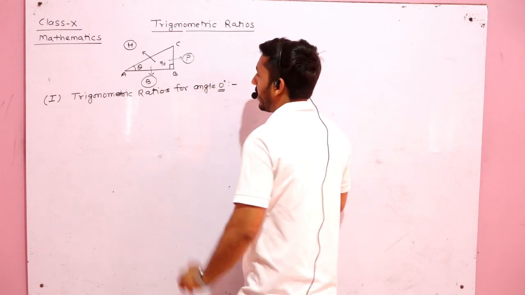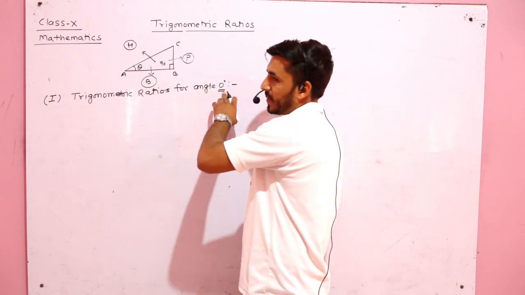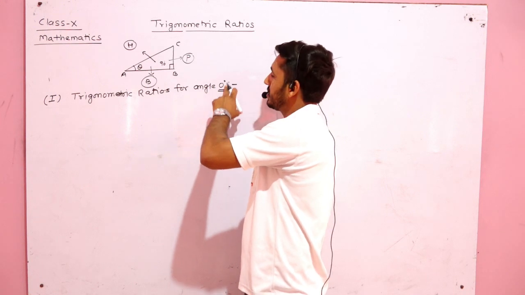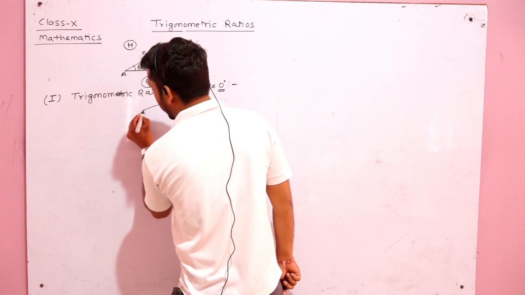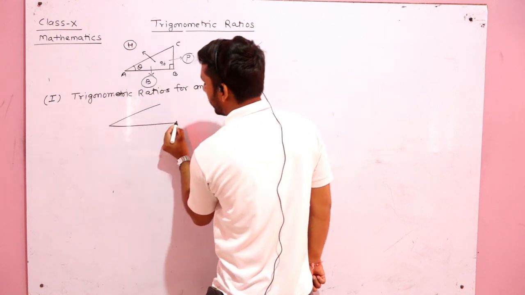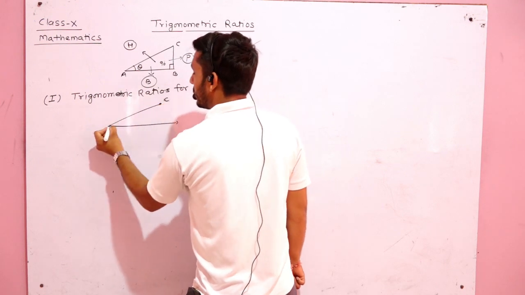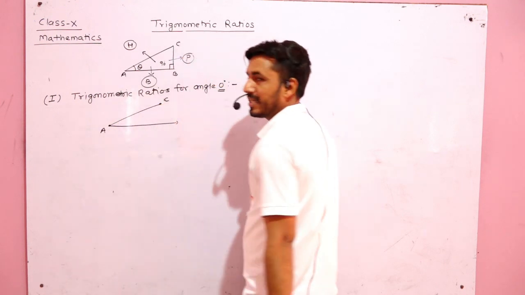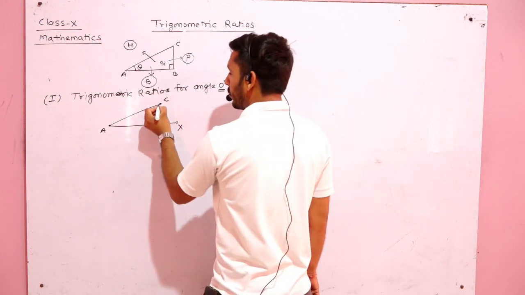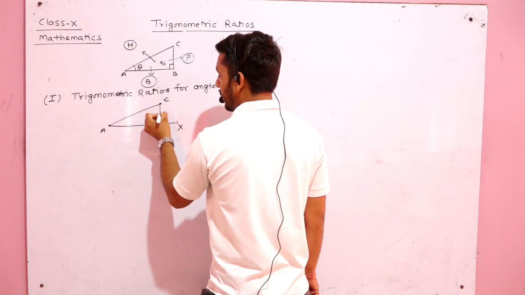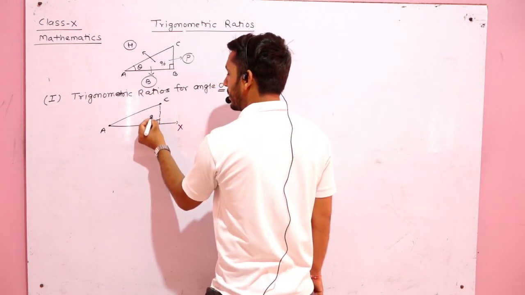First I am taking the value of theta as 0 degree. Then what can we get from this? If I prepare a diagram, and I take the point C here, this is the intersection point of both the lines, and this is the point X. First I have to put a perpendicular to the base, then this angle will be 90 degree.